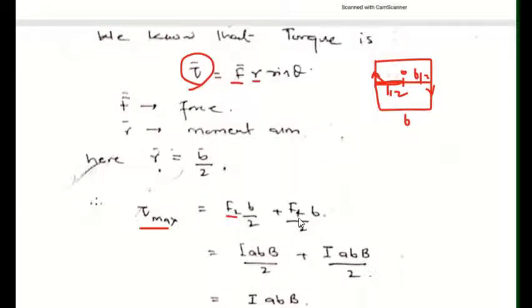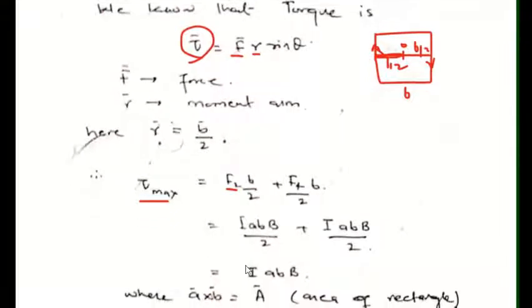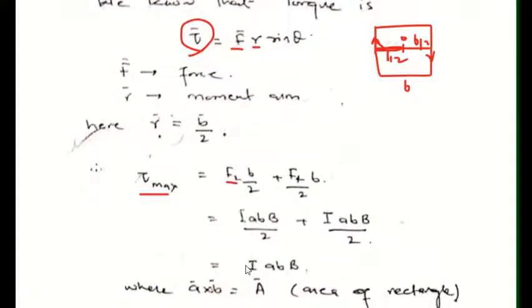Putting in the values for F2 and F4, I can write IAB into B over 2 plus IAB into B over 2, and summing them up gives me IA into capital B, where this A times B gives the area of the rectangle, that is both sides multiplied. I can write this maximum tau as I capital A into capital B.